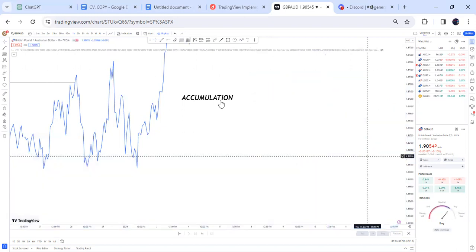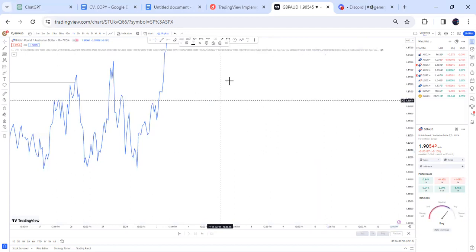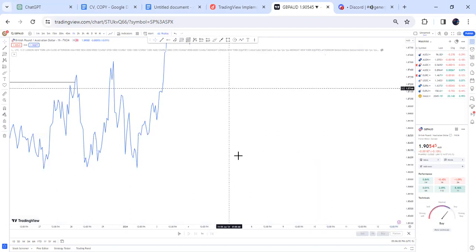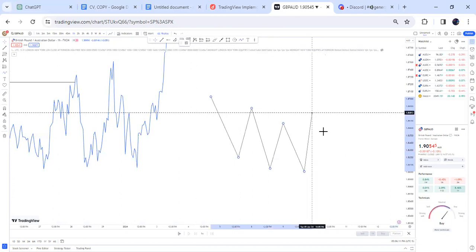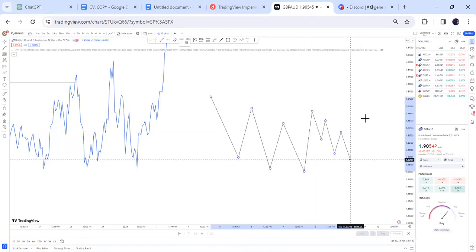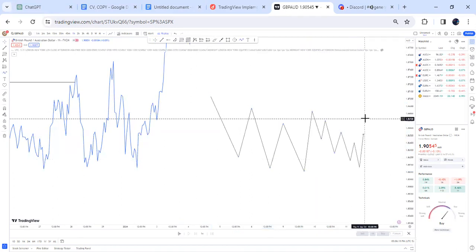I deleted my POI. Okay. So you want to see this break of structure and then boom. All right.